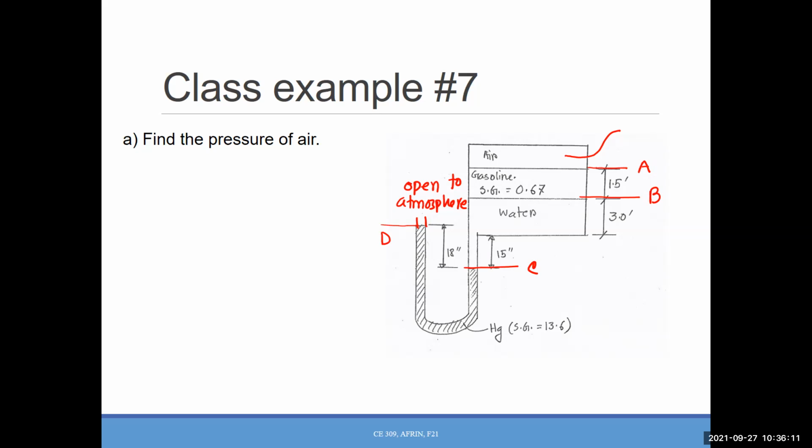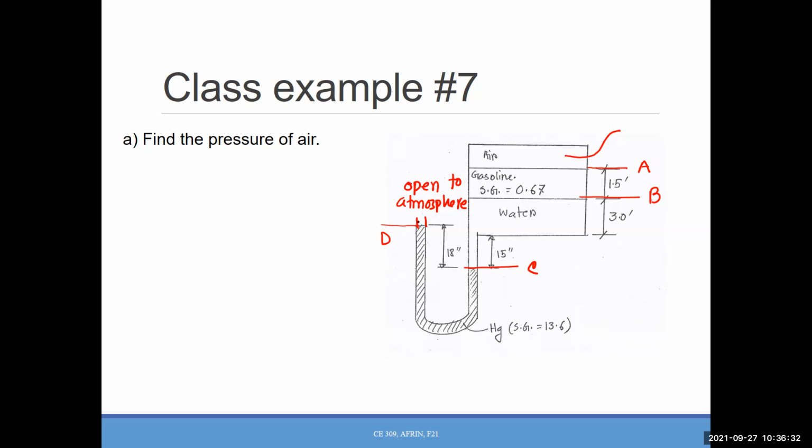Now, how many fluid interfaces do we have here? We have 1, 2, 3, and if you call this one an interface, we have 4, because this is actually an interface between liquid and air, right?